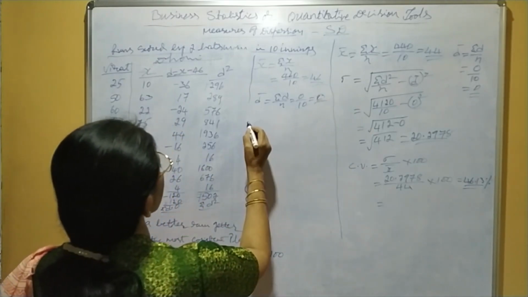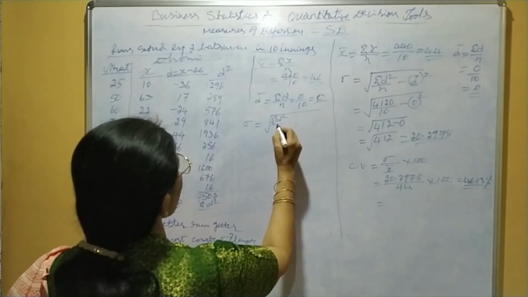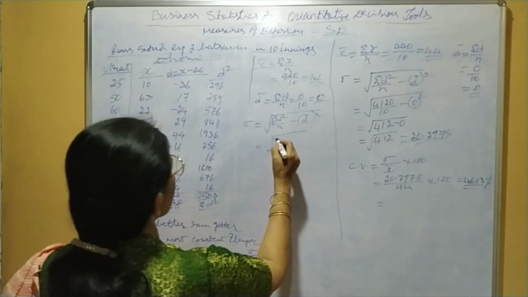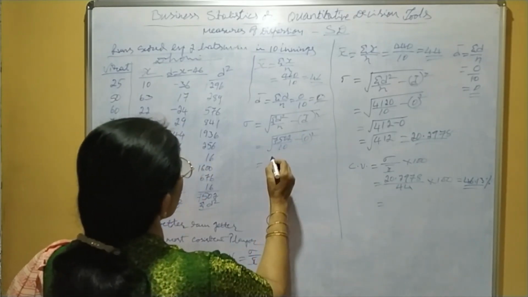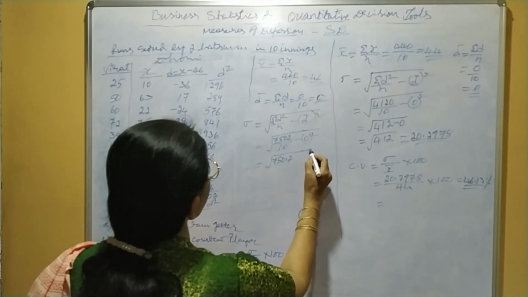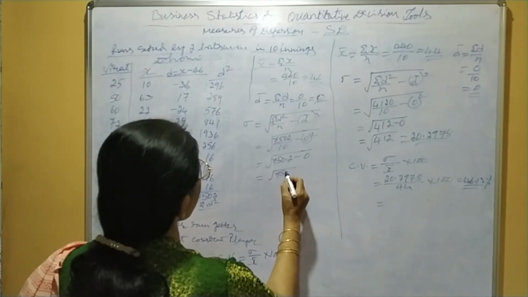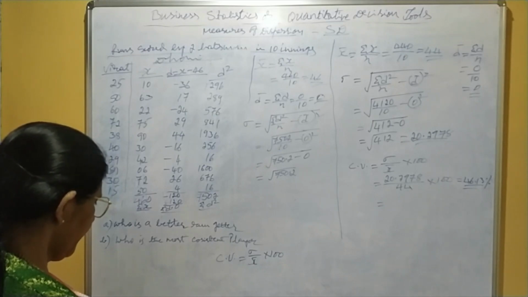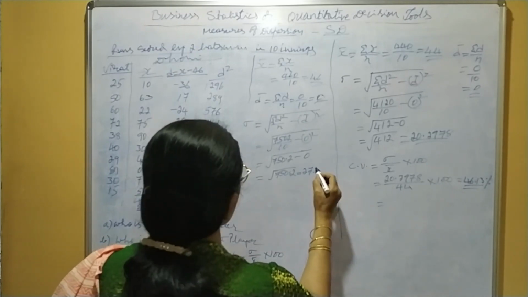Next, standard deviation equals square root of sigma d square divided by n minus d bar whole square, equals square root of 7502 divided by 10 minus 0 whole square, equals square root of 750.2, 0 into 0 is 0. Square root of 750.2 comes to 27.3898.